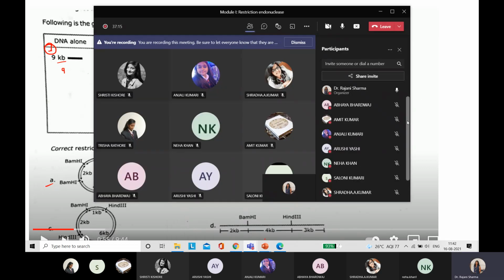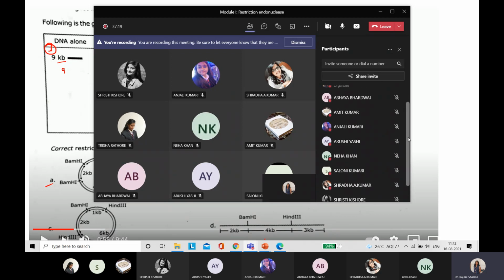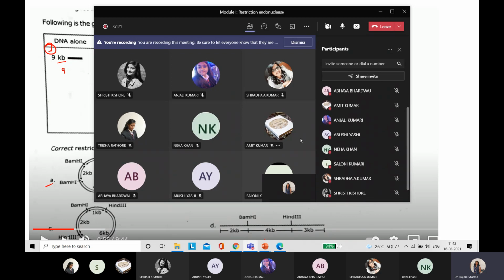Abhay, Amit, Anjali, Ayushi, Neha, Sonali, Shraddha, and the rest.